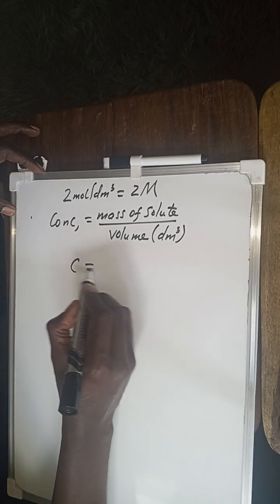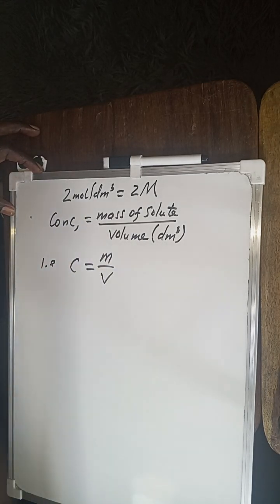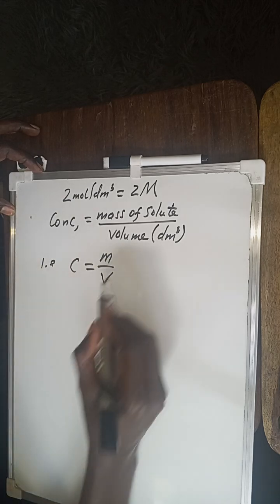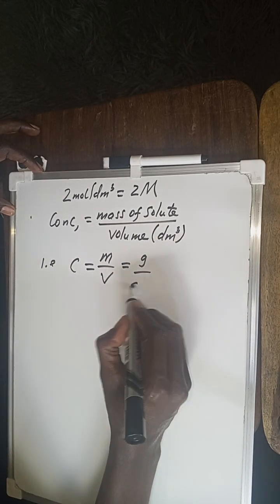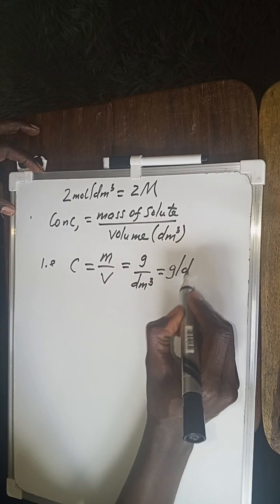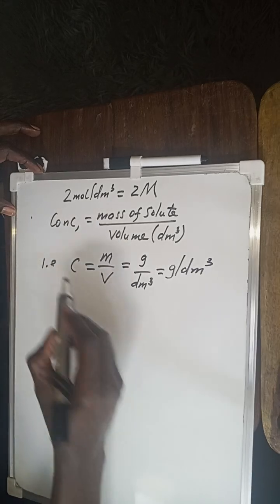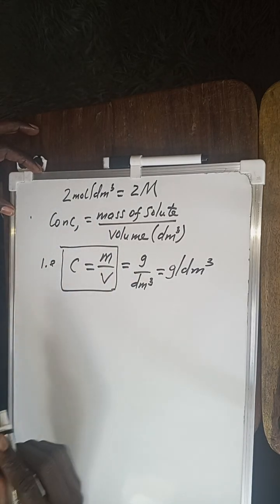So concentration can be the mass divided by the volume. When it is expressed this way, your mass is in grams and your volume in cubic decimeter. So it will give you gram per cubic decimeter. That's another way we can express concentration.